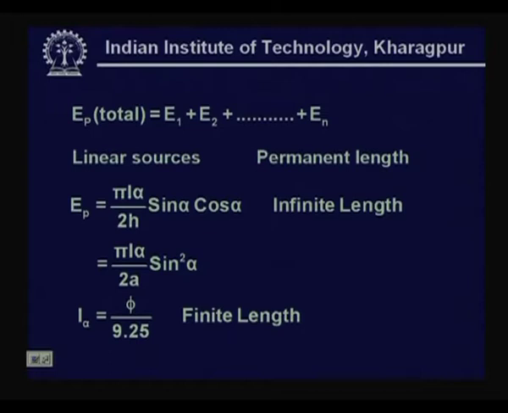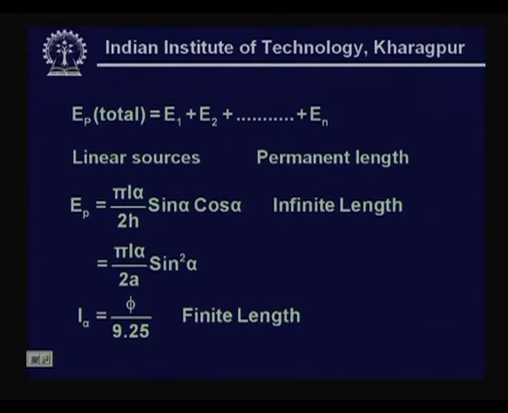This gives the I alpha value. Using this, one can use the relationship phi alpha over 2a, where a is the distance to the point under consideration from the lamp.